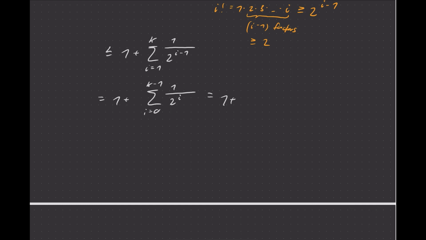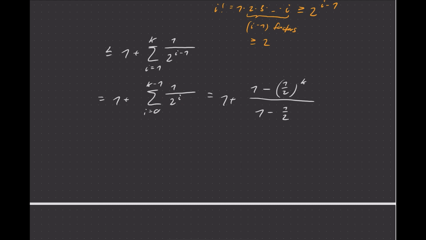So that's 1 plus, and this geometric sum is 1 minus this expression here to the power of this plus 1. So that means we have 1 over 2 to the power of k divided by 1 minus just this coefficient here, 1 over 2.